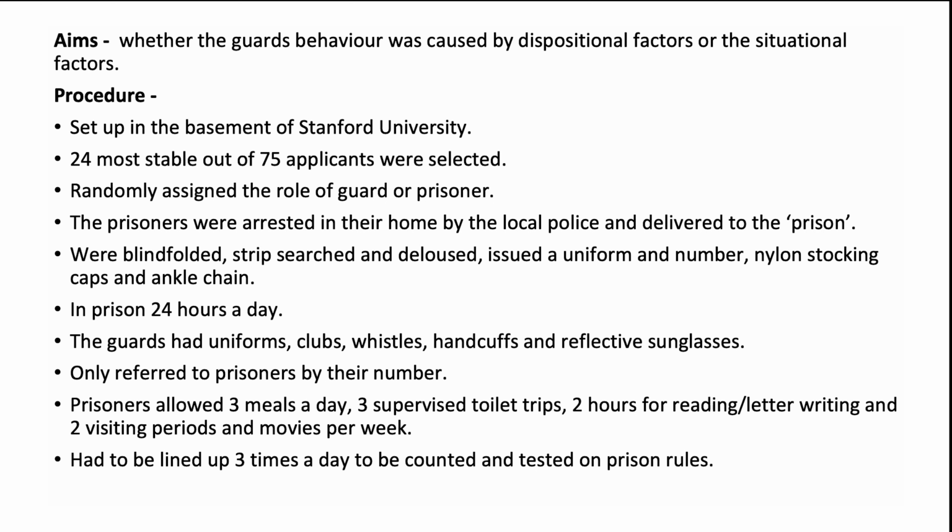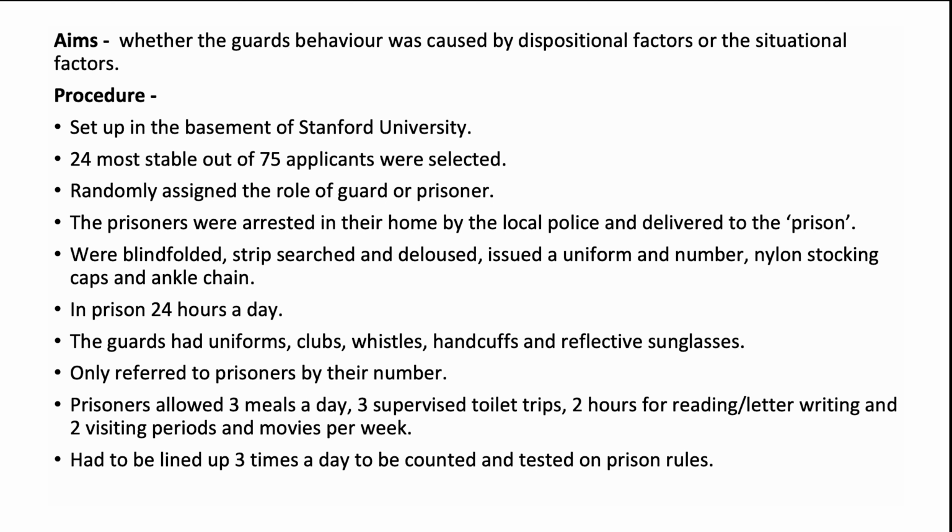The prisoners were arrested in their home by the local police and delivered to the prison. They were blindfolded, strip searched and deloused, issued a uniform and number, had nylon stocking caps and an ankle chain, and they were in prison 24 hours a day.